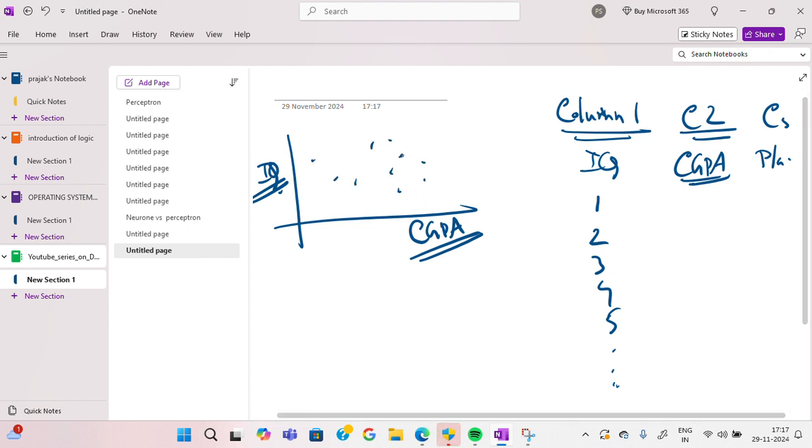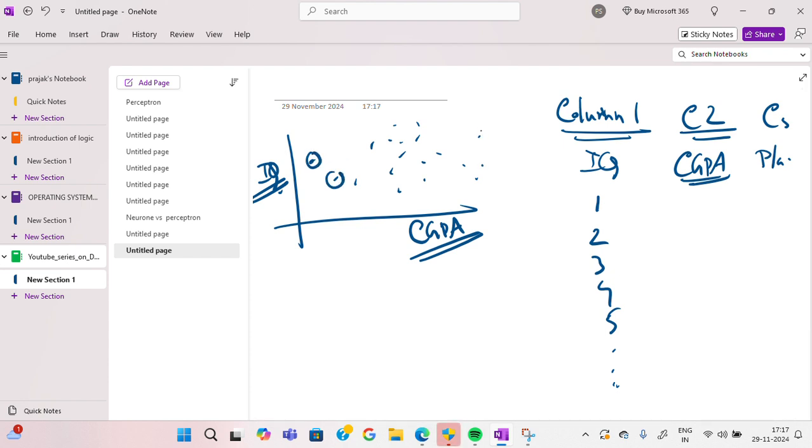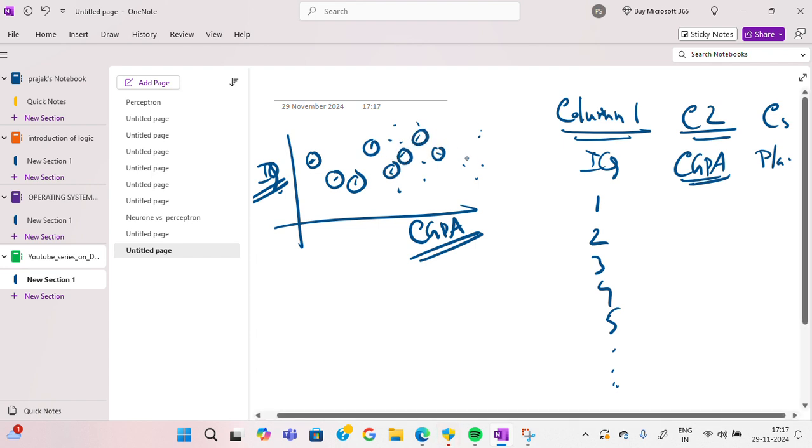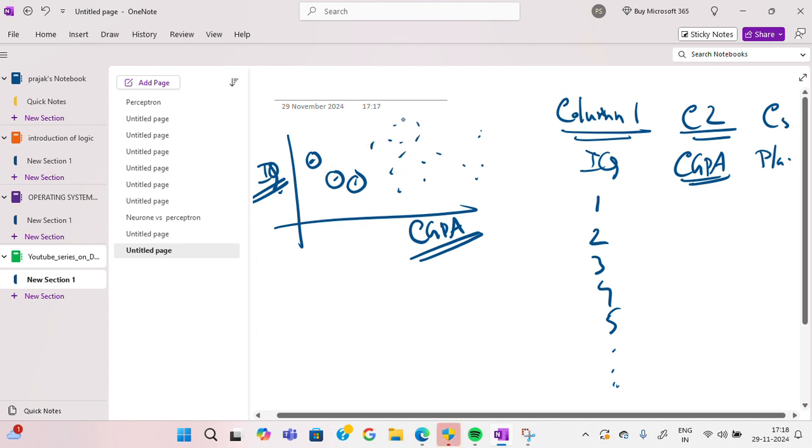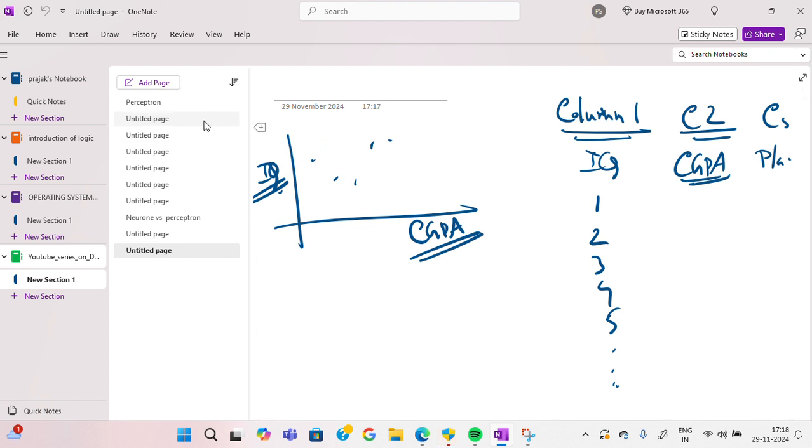We have lots of data, say 1000 data points. Let's write it in a proper way, in another color.